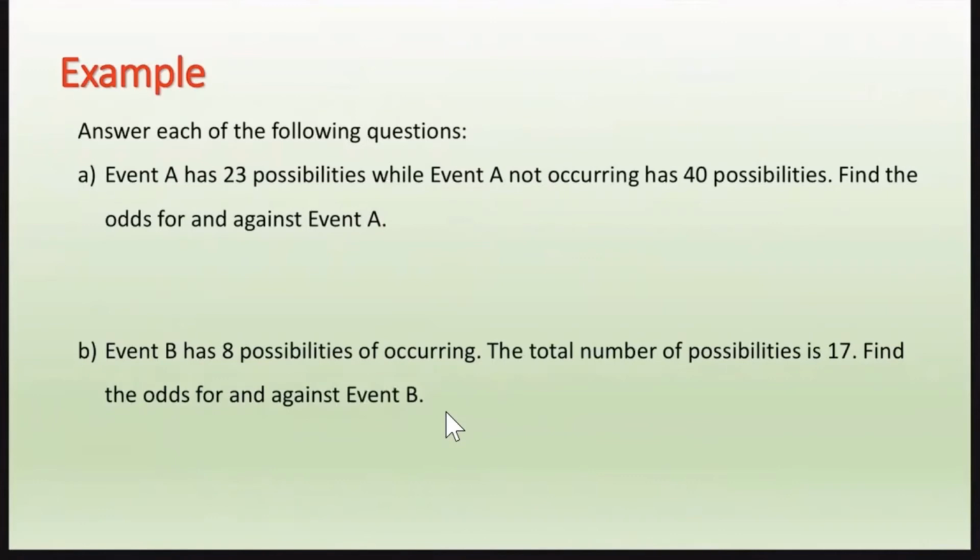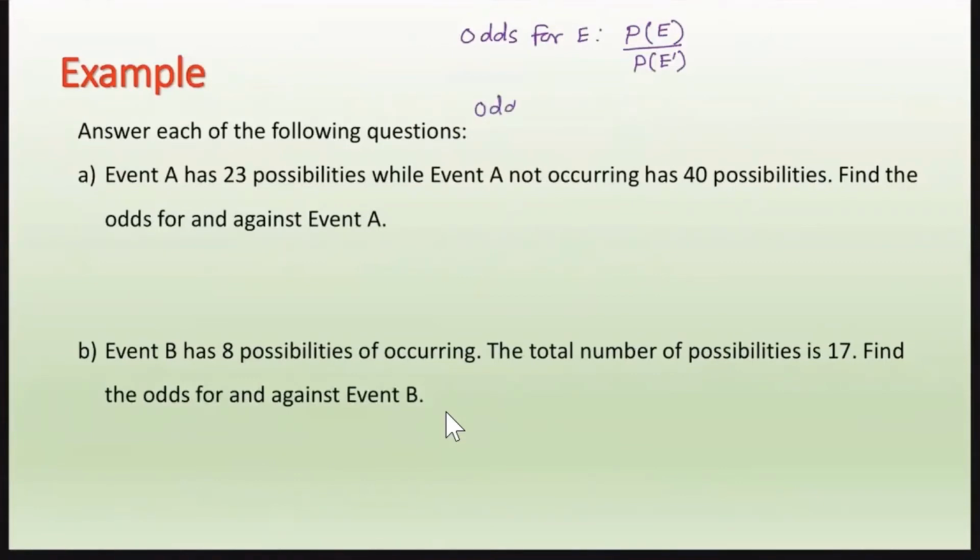So you need to know this formula if you want to calculate odds for any event E. Odds for any event E is equal to probability of the event E divided by probability of not E, or the complement of E. That is odds for.